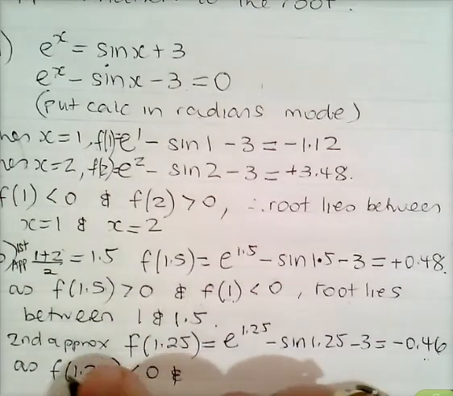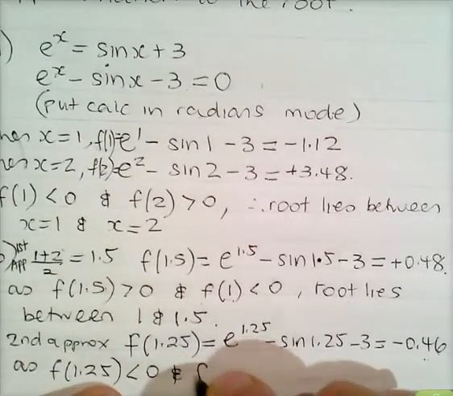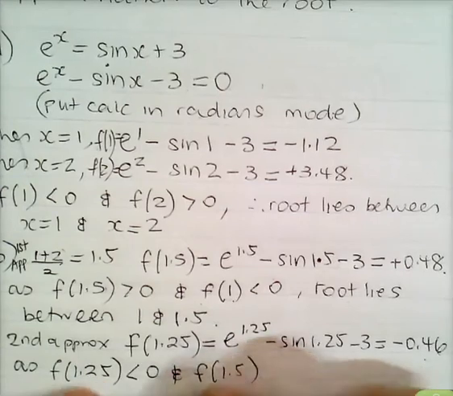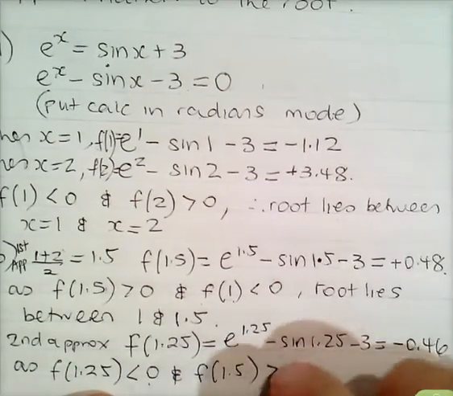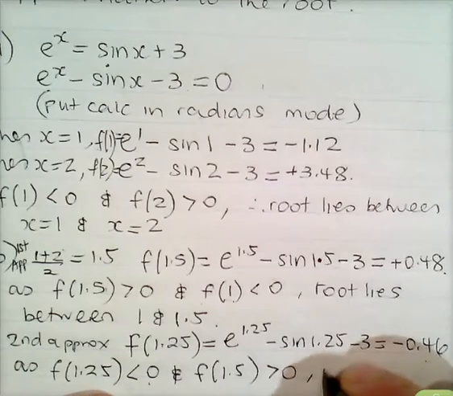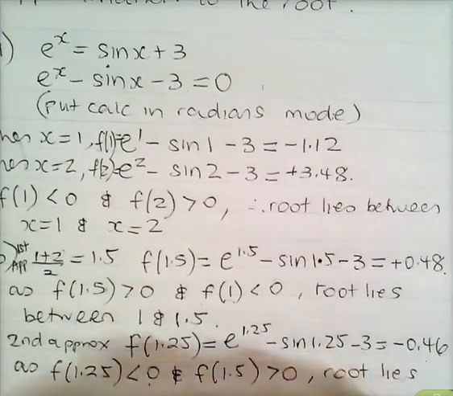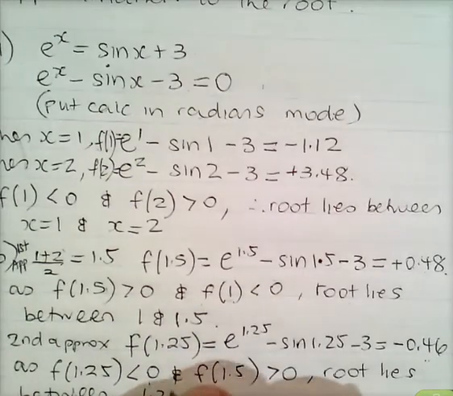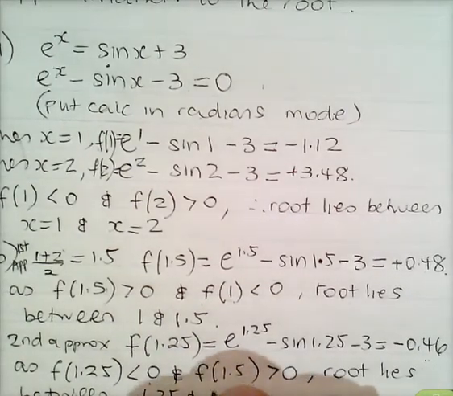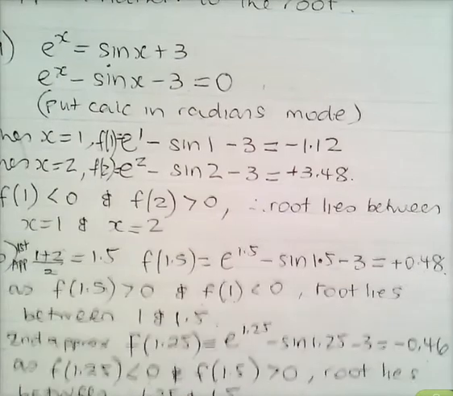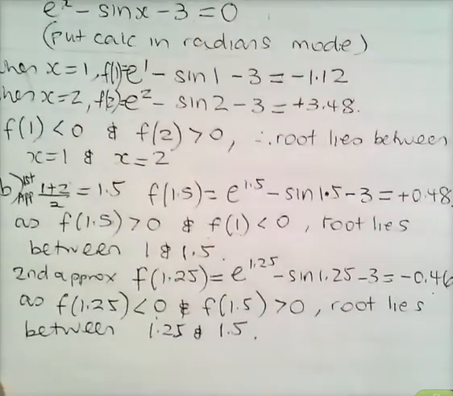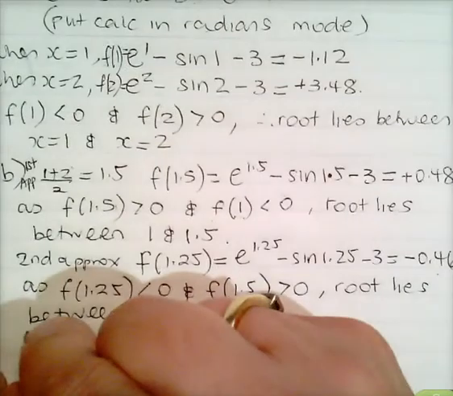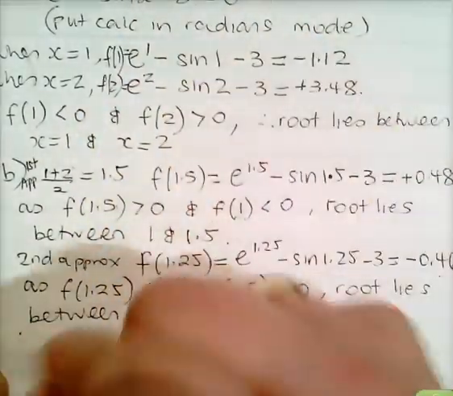So as the function of 1.25 is negative and the function of 1.5 is positive, therefore the root lies between 1.25 and 1.5. So that's 2 approximations. Now for our third approximation. Remember, we're using the method of halving the interval 3 times.